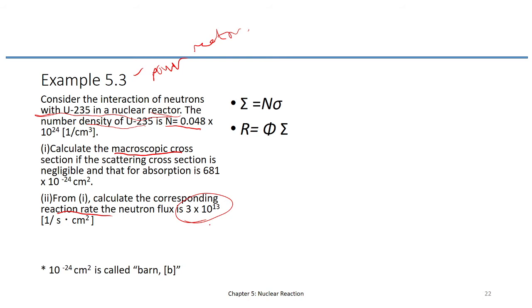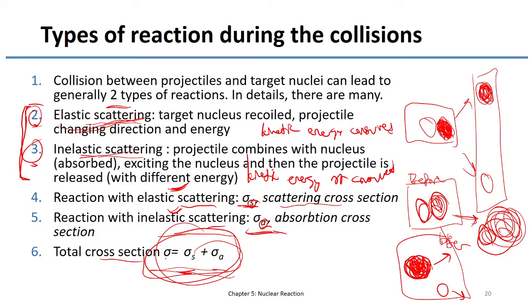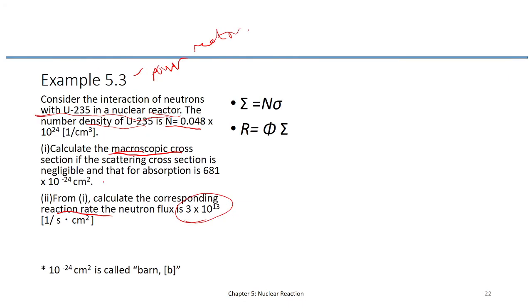I hope you can try to perform the calculation by yourself. What you need is to calculate the macroscopic cross section. Just now there was a total cross section, which is scattering and absorption, but in this particular example, we neglect the scattering cross section.